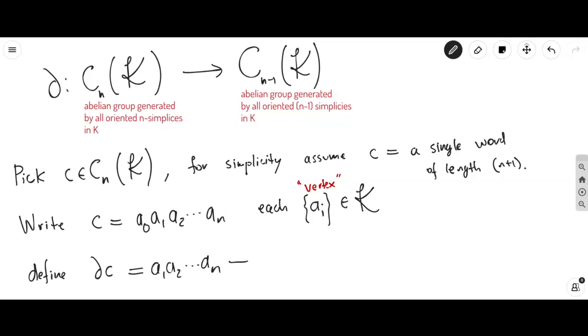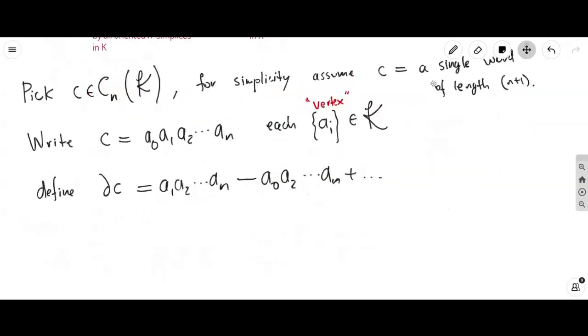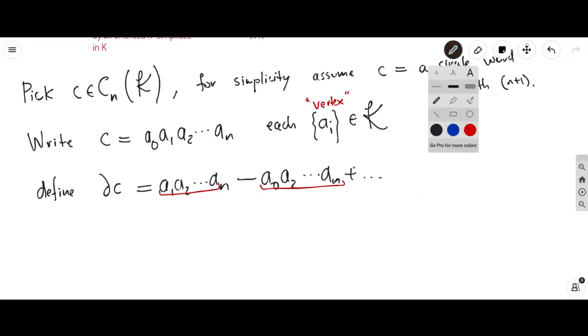Then you do minus, because this is an oriented sum. The next one, you keep the 0th one and make A1 vanish, so this will be A0, A2, An, plus, and so on. If I underline these, you get to see the actual words; these have to be taken all together.